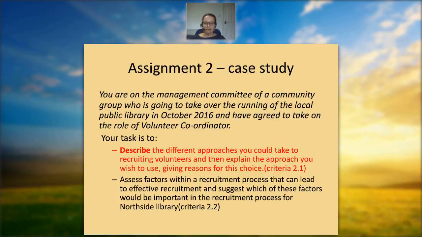So if I go back to the assignment and look at the first task that is on there, the first task starts with the assessment word describe. Describe the different approaches you would take to recruiting volunteers.